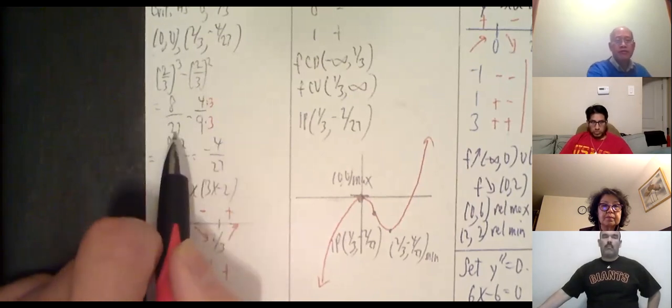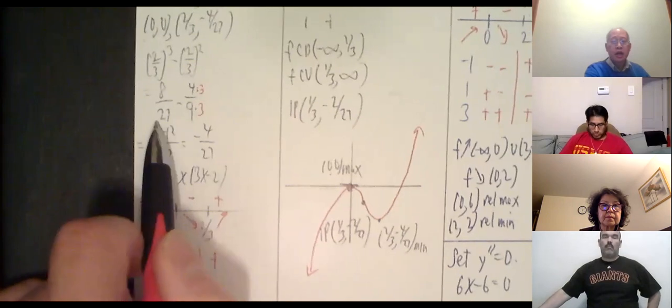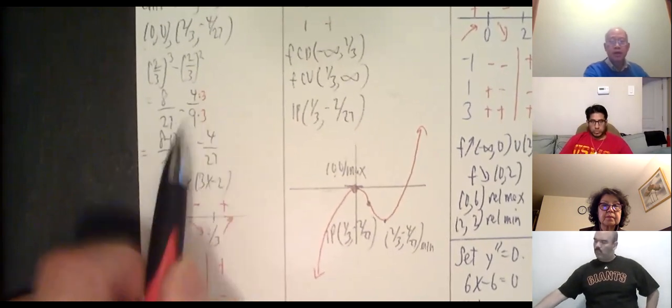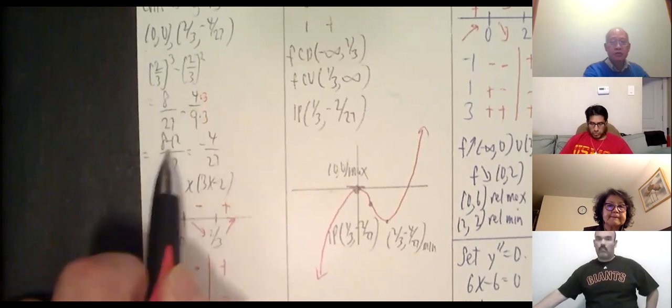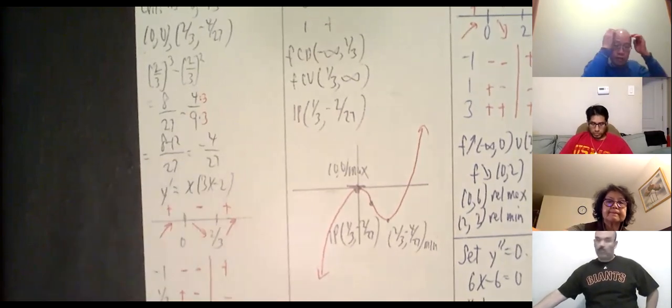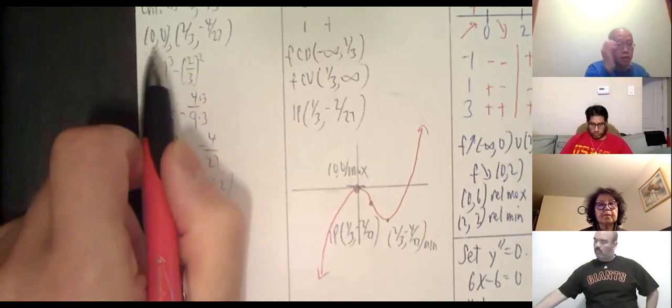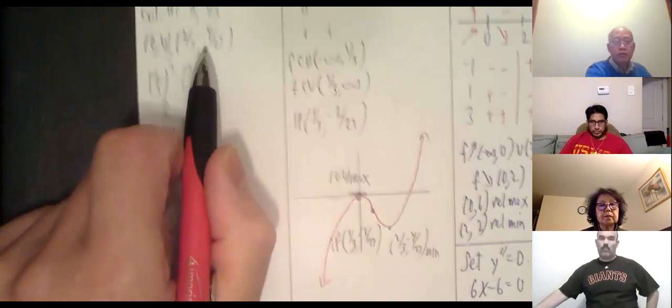So I have 8/27 minus 4/9. Common denominator is 27, so multiply by 3, multiply by 3. That gives me 8 minus 12, or -4/27. Okay, so my ordered pairs are 0, 0, and 2/3, -4/27.